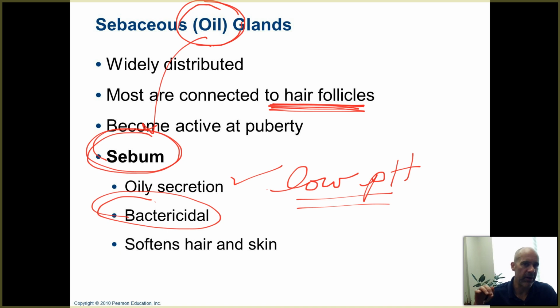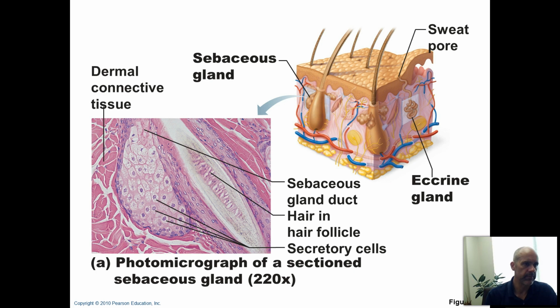And no, your skin oil doesn't kill all the bacteria on your skin. You have plenty of bacteria on your skin, believe me, but it helps control the amount of bacteria that you have in those locations. Also gives your hair and your skin a softer consistency. Also helps out with some of the waterproofing at the surface of the skin as well. These glands become active when you reach puberty.